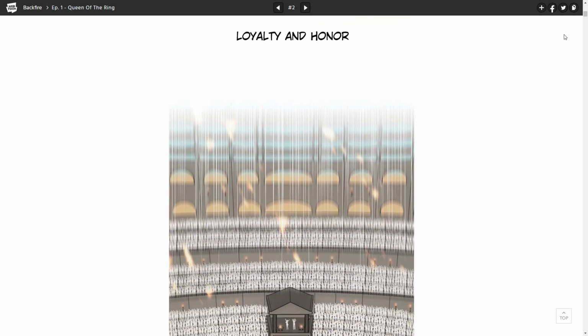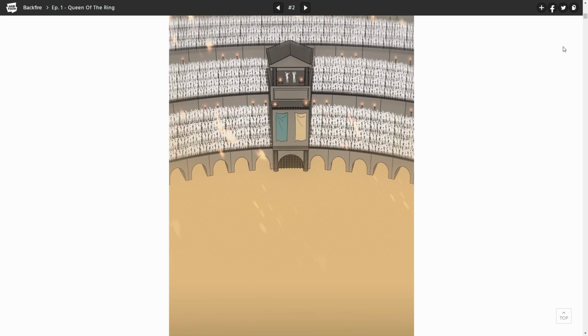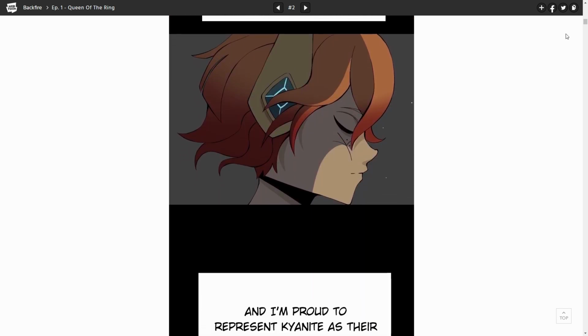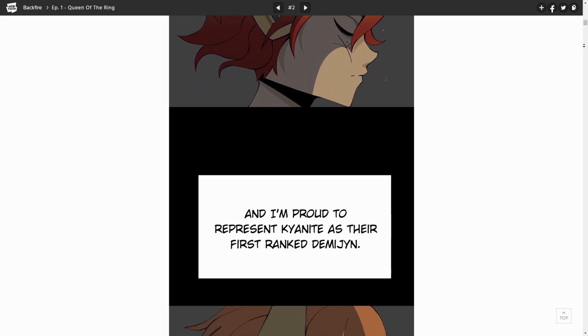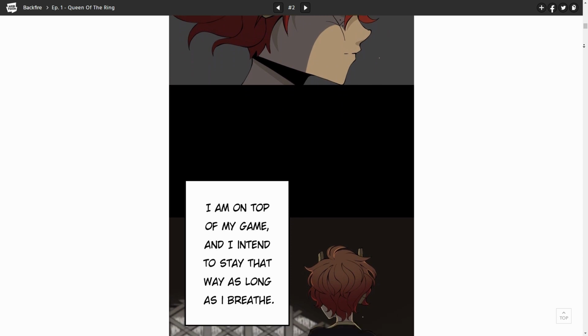At one point in the past, humans started to despise Demigens, and one being known as Peter rose above all and proceeded turning the crystals into a lethal curse that would allow him to control Demigens. Then he confined the vast majority of Demigens in places called arenas and turned them into entertainment tools. So basically, that's the base story of Backfire.